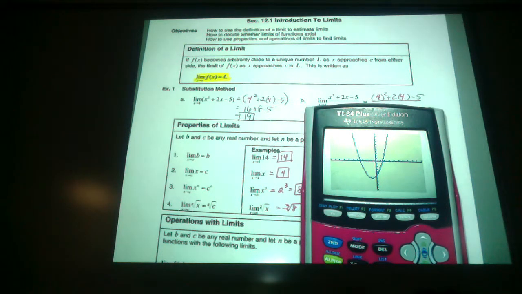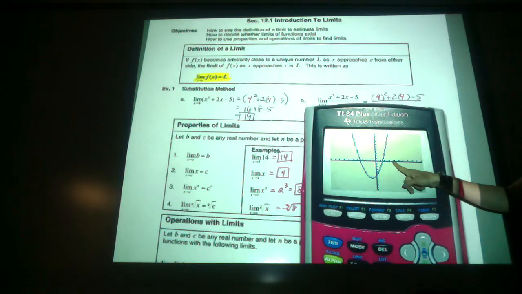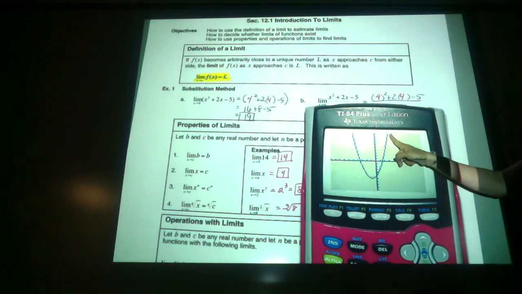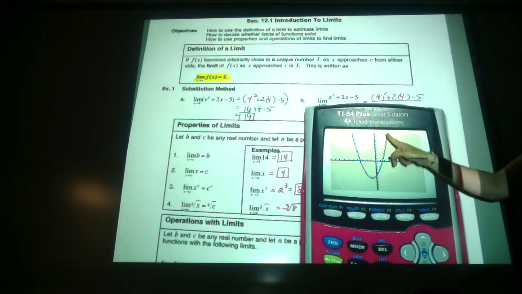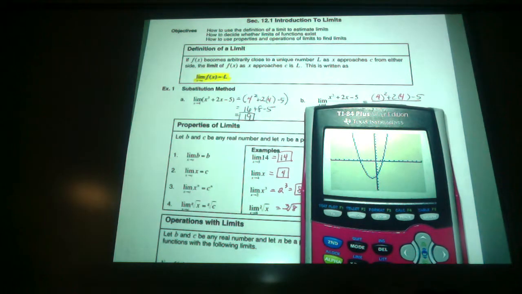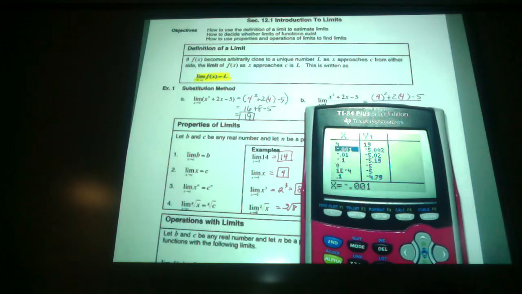So on our graph, here's 1, 2, 3, 4. That's the x value, that's your c. I want to find out what y is as it approaches it. Well, can I see y on this particular graph? No. Where could I see it? Table. So if you go to your table of values, so second table, if I put in 4, don't I get 19? So that's just direct substitution.